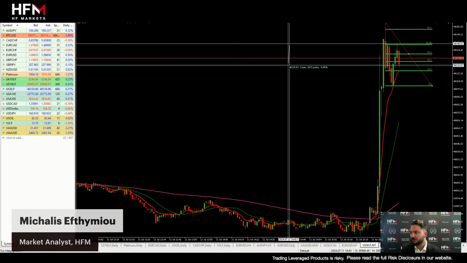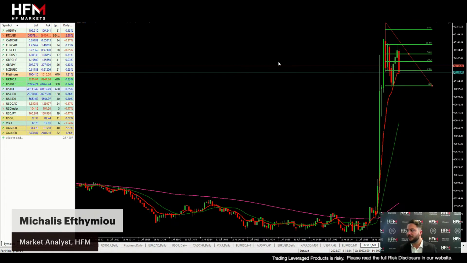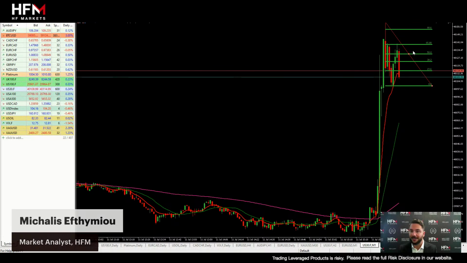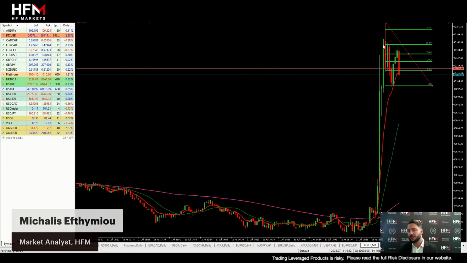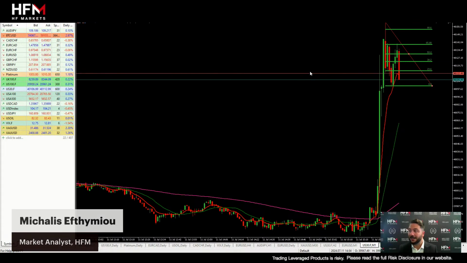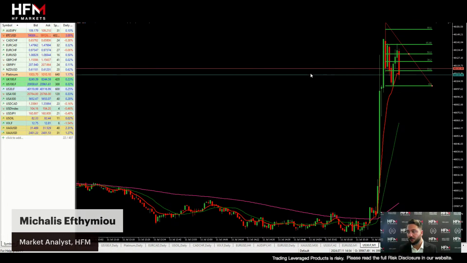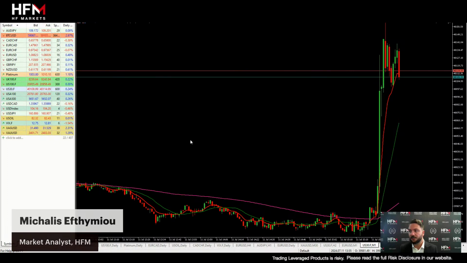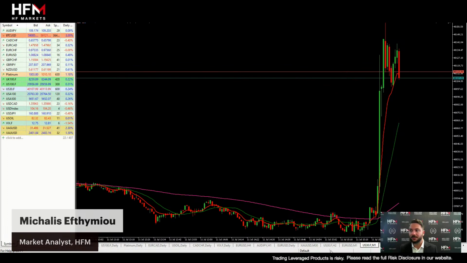So it's 0.5% away, nothing major just yet. But if we want to see a further increase, then of course we have to see the price increase again to the 65 point. And then that's where we're going to get an active buy trade.